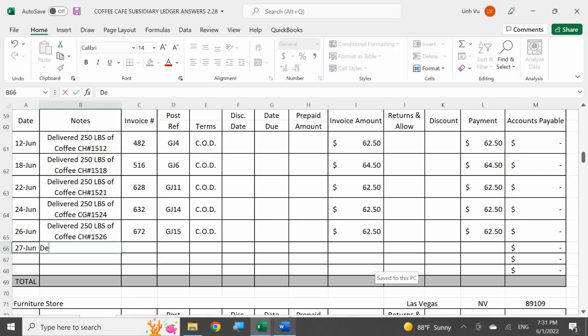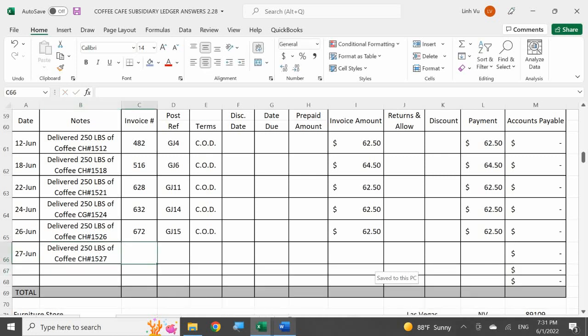So here, delivered 250 pounds of coffee. Check number 1527. The invoice was 699. General Journal 17, COD. It was billed out for $62.50, and we paid with the check $62.50, so we owe nothing.